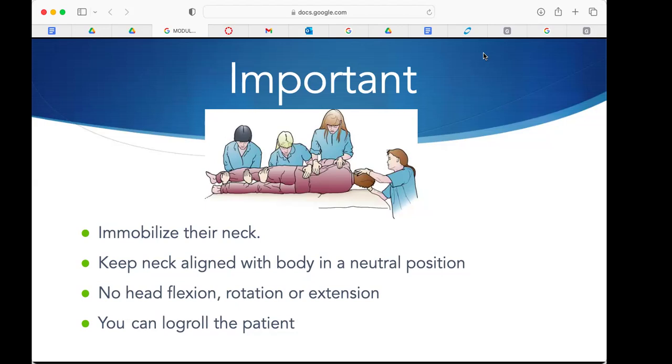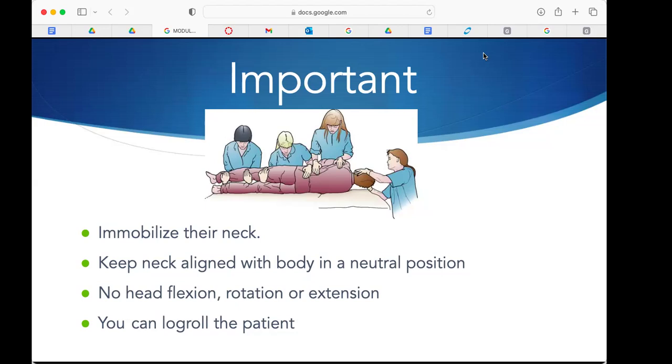You said you cannot immobilize. When you move the head forward or side to side, you don't move it. Very good. You don't want to move it outside. You want it to stay straight, neutral.